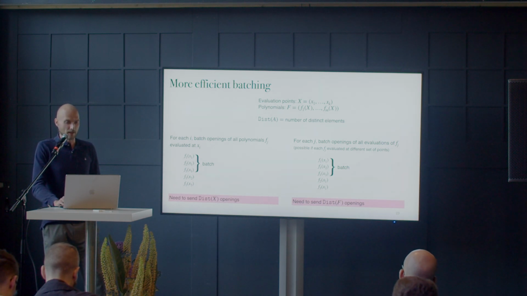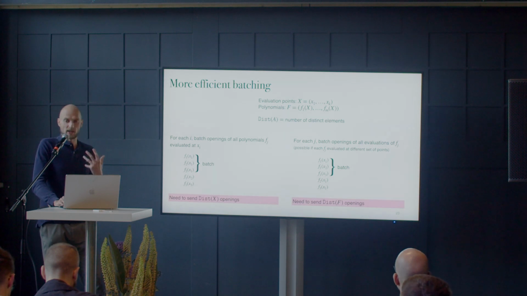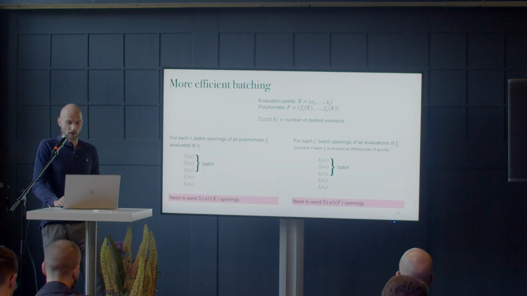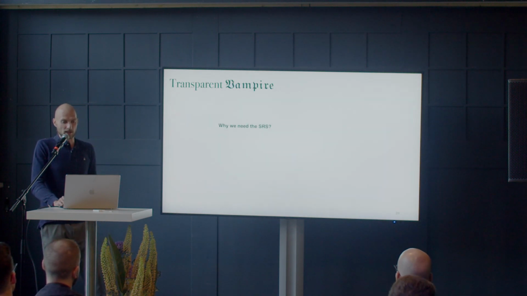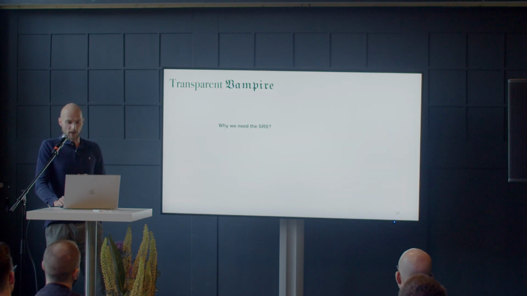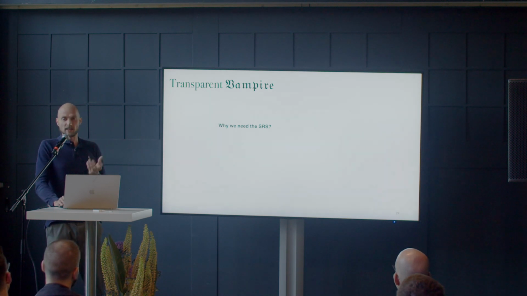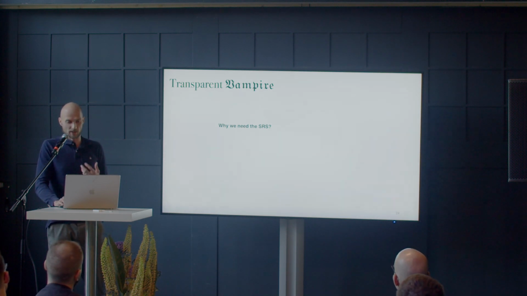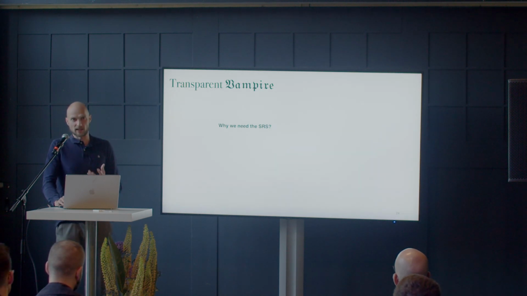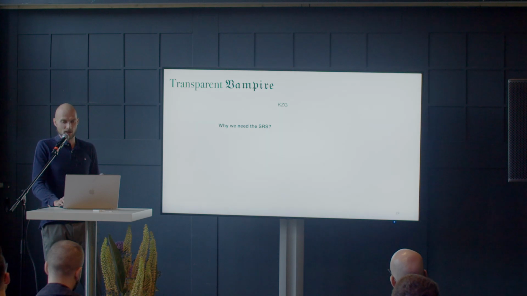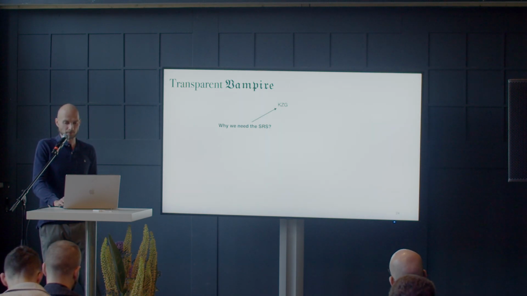Okay, so currently we are investigating various variants of vampire. One of them is a transparent vampire. So we ask the question, why do we need an SRS in our zkSNARK? Actually, we have two things that require an SRS. One is the KZG polynomial commitment scheme.